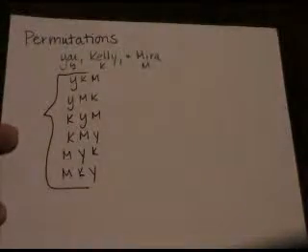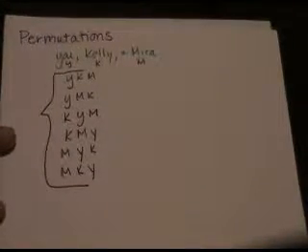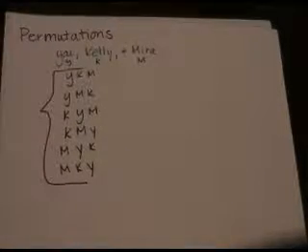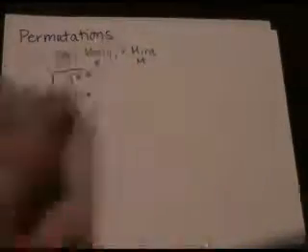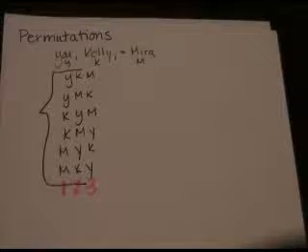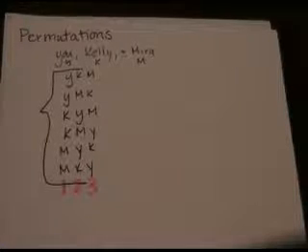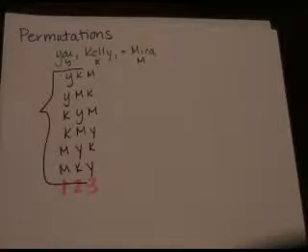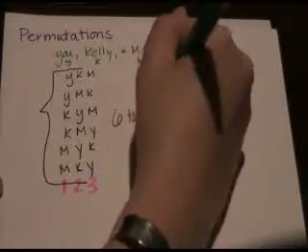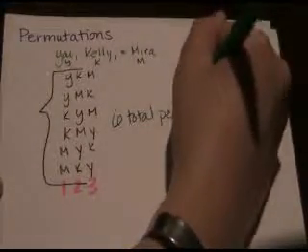These are the possible permutations for this group of people. So this, let's go ahead and write it in there, would be the first spot in line, second spot, third spot. And order matters because you know those posters are going to be different. Okay, so now we know we can count 1, 2, 3, 4, 5, 6 total permutations.